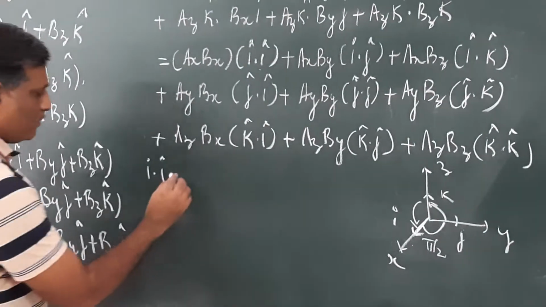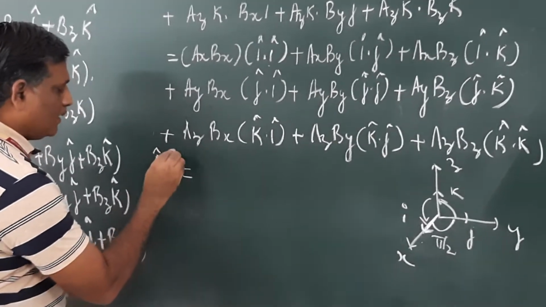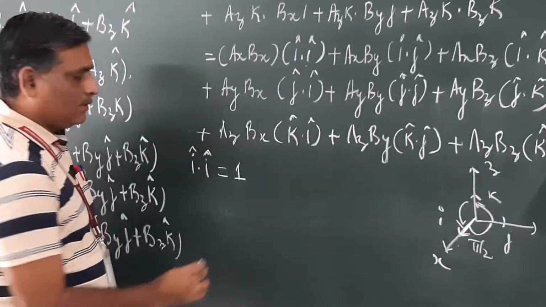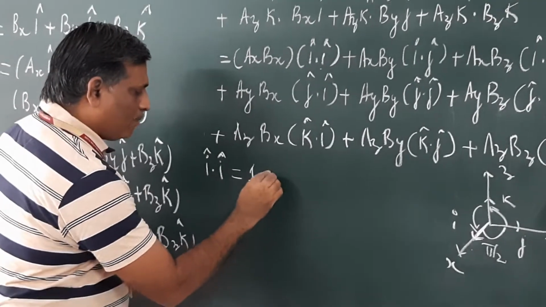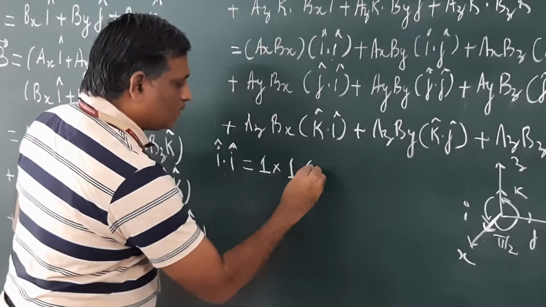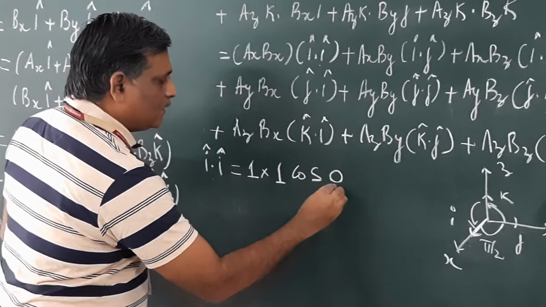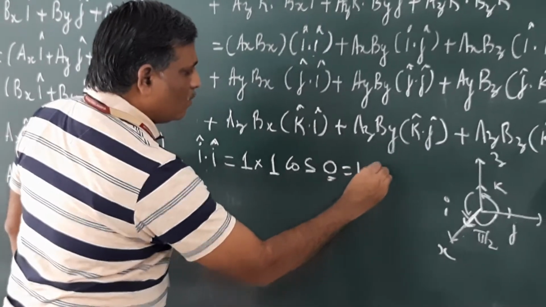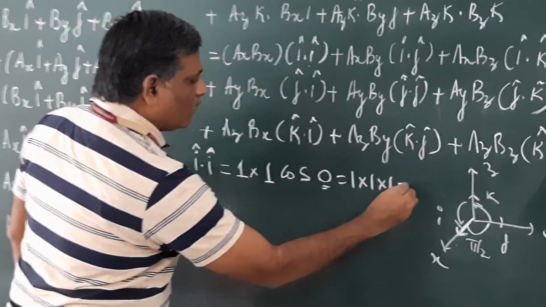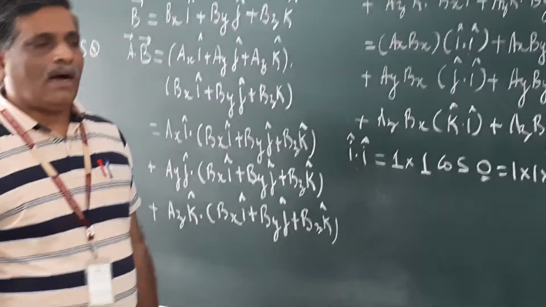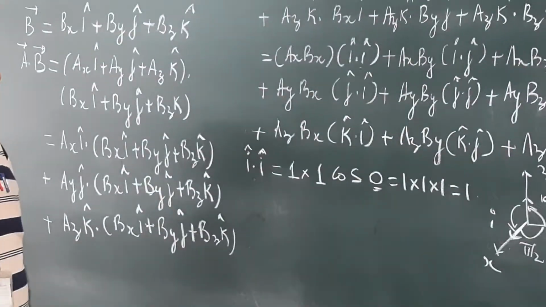So the magnitude of I is 1, a unit vector. Magnitude of another I is 1. Cos of the angle between them is 0, therefore it becomes 1 into 1, which is equal to 1. I dot I is equal to 1.